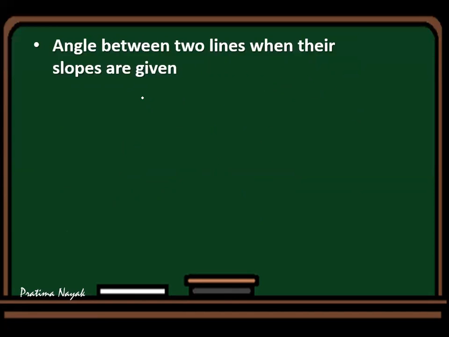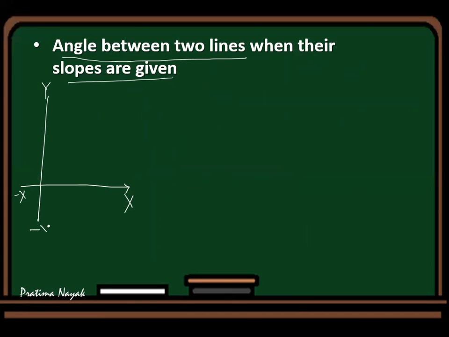Next is angle between two lines when their slopes are given. Two lines, their slopes are given. You have to find the angle between them in terms of the two slopes. So let us draw a figure. This is your positive x, negative x, positive y, negative y.